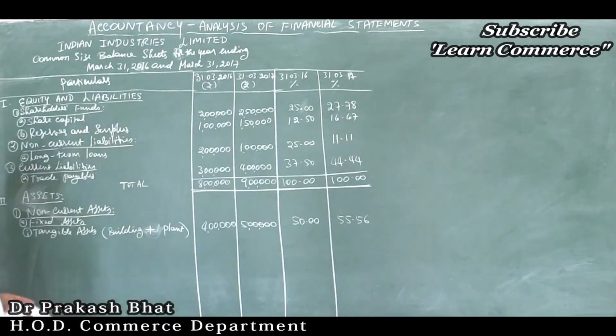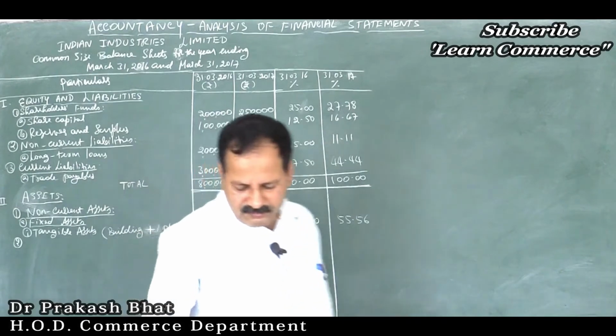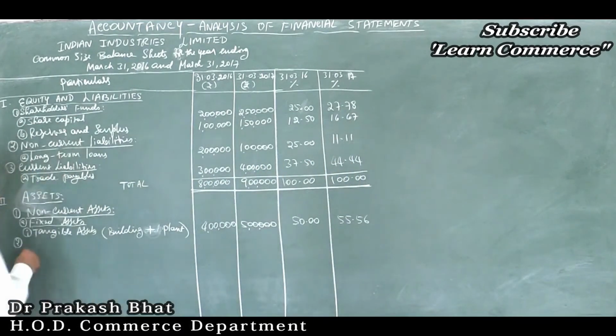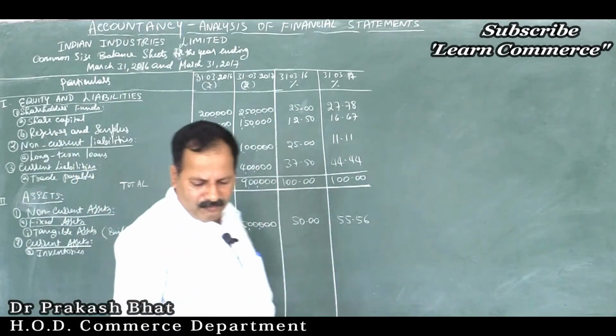Then second one is current assets, isn't it? Under that, first one, point A, inventories. Now write the amount, how much it is.